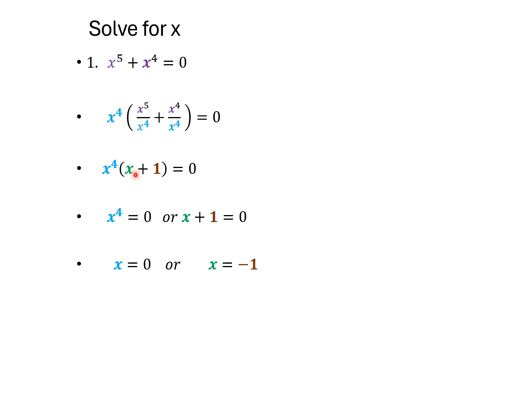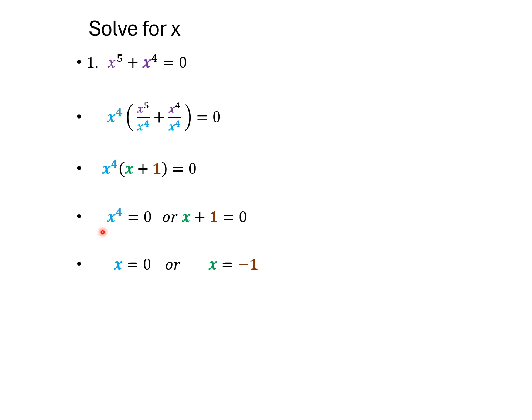So from here, we now say I have x to the power 4 times the bracket equal to 0, using what we refer to as the zero factor law. For the left-hand side to equal the right-hand side, we can say x to the power 4 equals 0, or x plus 1 equals 0.